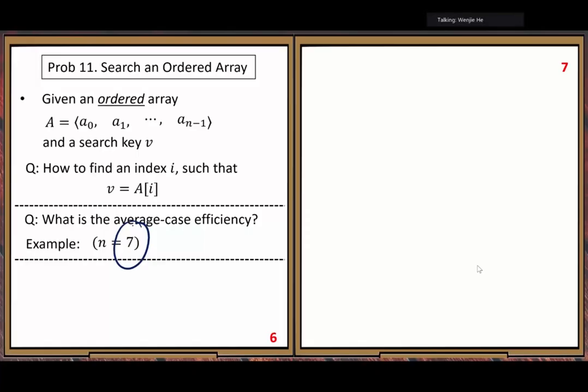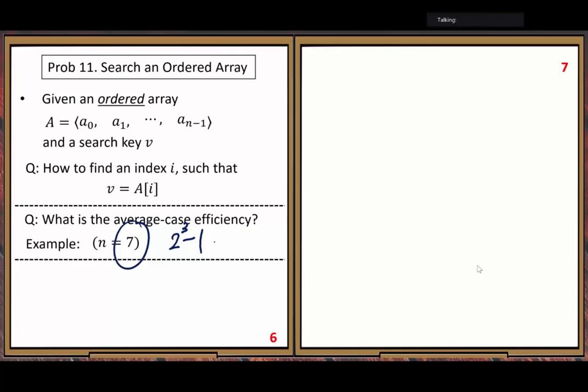This 7 has another property. I picked a special number, very friendly for our calculation, because this 7 is a power of 2 minus 1, 2 to the third minus 1. This special number corresponds to a special structure for our binary search.